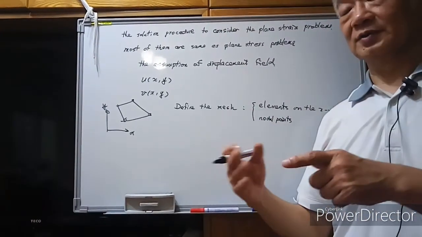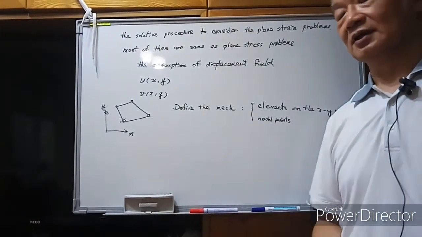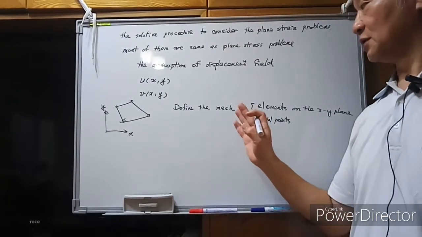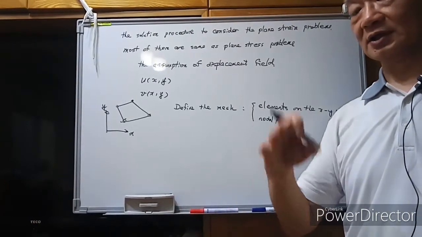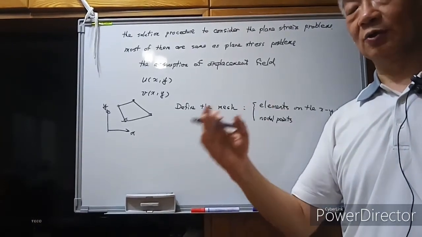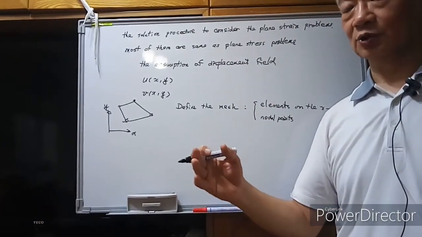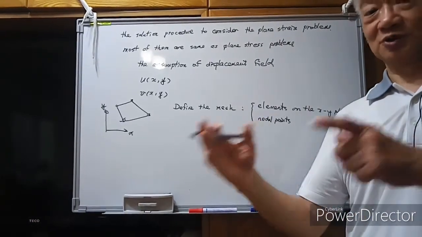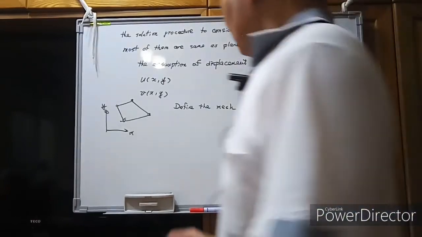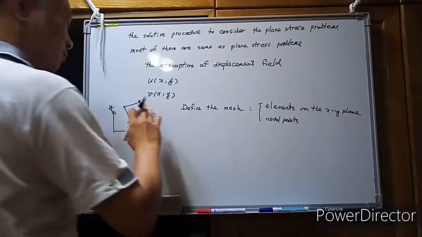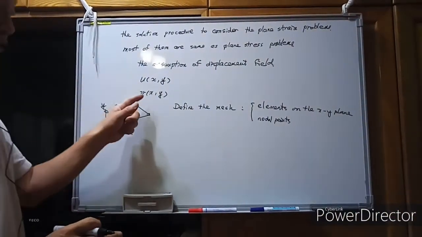Okay, that's the requirement about the definition of the mesh. And after you define all the elements and all the corresponding nodal points, you also describe the geometry of the structure.